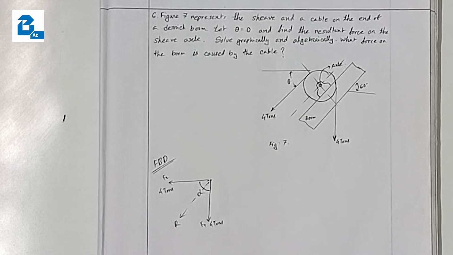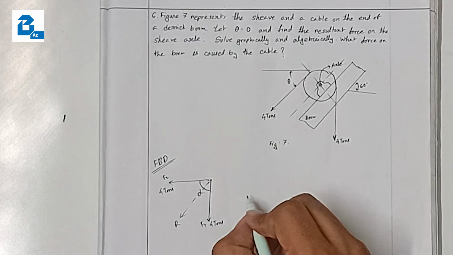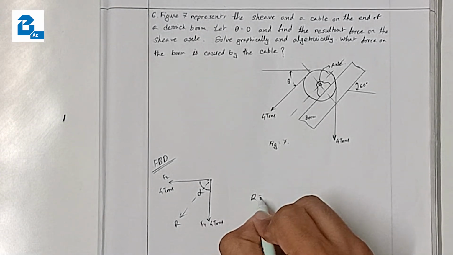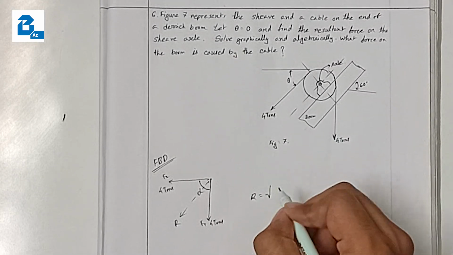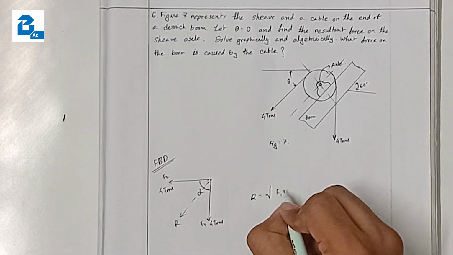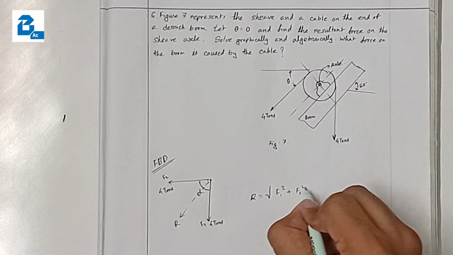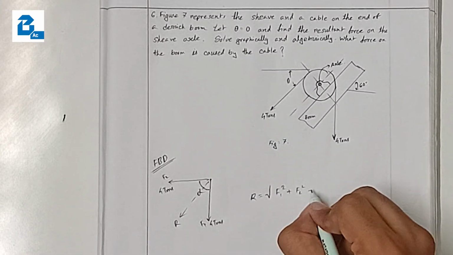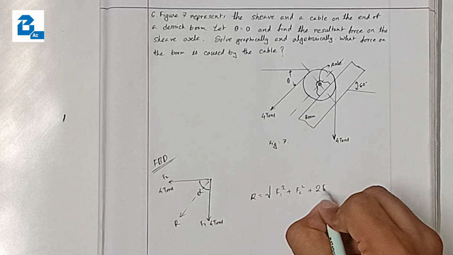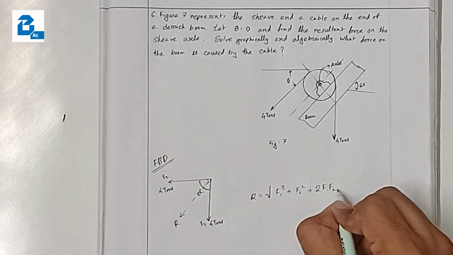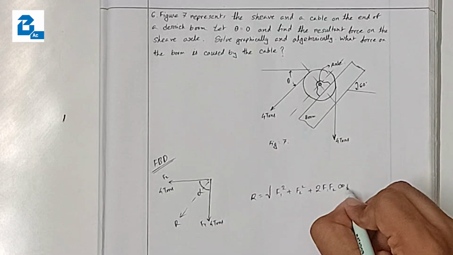And we know the resultant formula is R equals root over F1 square plus F2 square plus 2 F1 into F2 cos alpha.